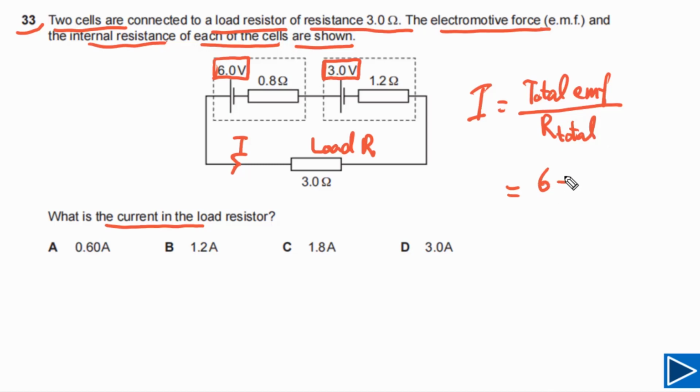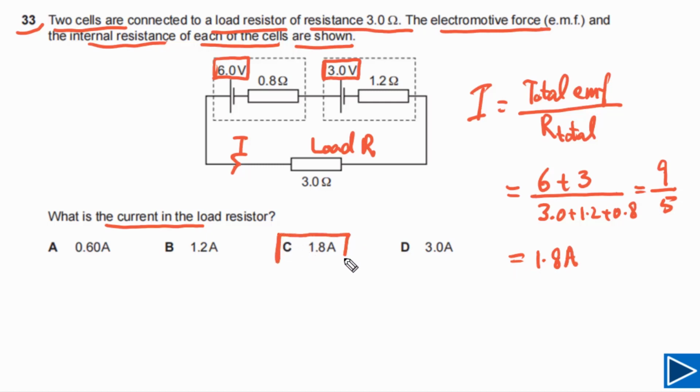Total EMF is 6 plus 3, divided by total resistance 3.0 plus 1.2 plus 0.8. So this is simply equal to 9 divided by 5. Our final answer will be 1.8 amps. So the answer for this question is C.